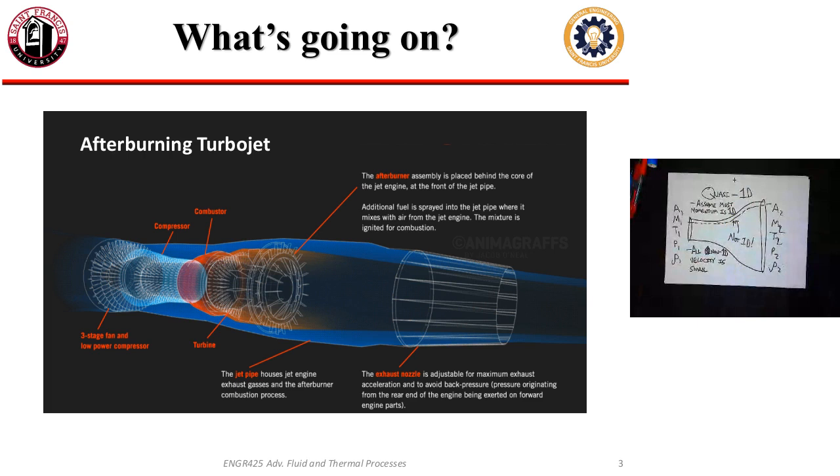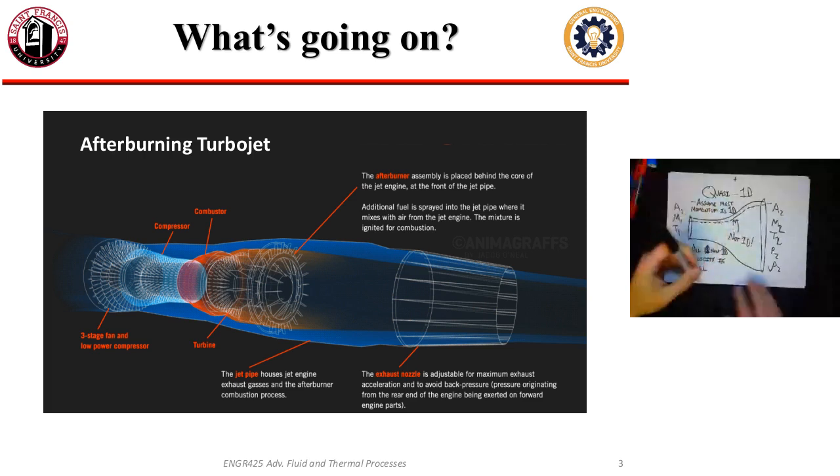That makes some intuitive sense, does it not? So it's not a bad assumption to make. As a result of this assumption, though, we're going to neglect all velocity components that are not parallel to the axis of the nozzle.